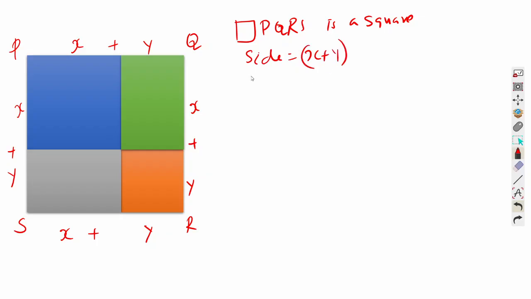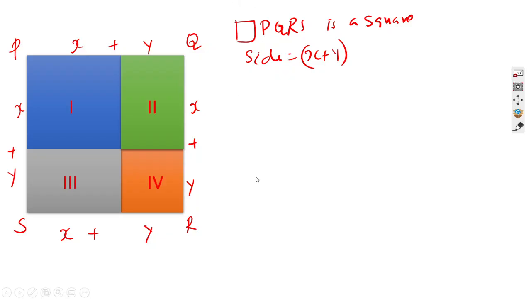But it has been divided into 4 rectangles, of which 2 are squares, 2 are rectangles. That way we have divided it. That division has got its own importance.